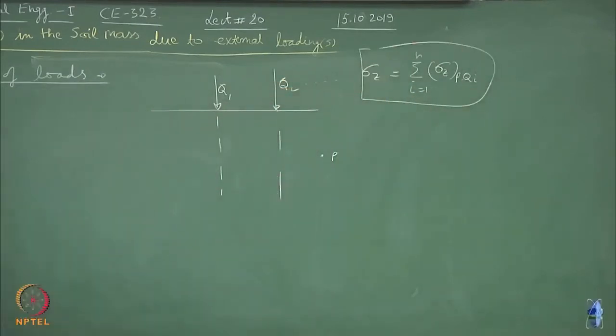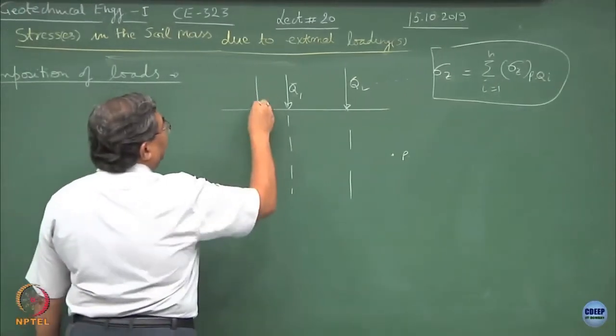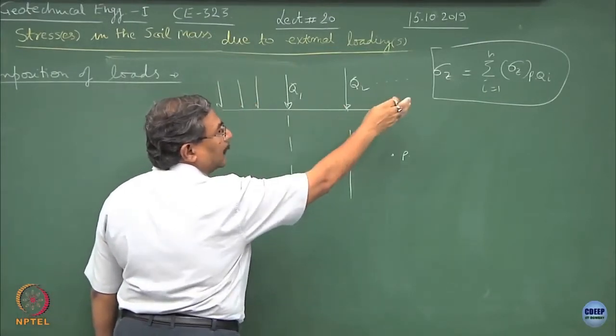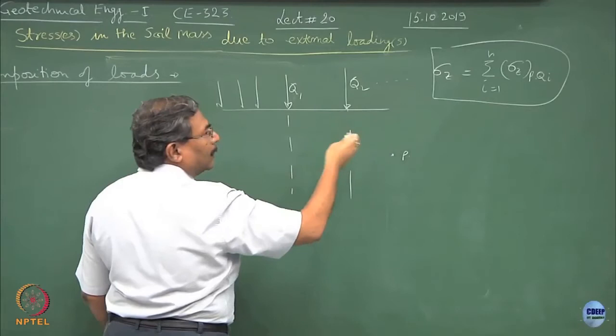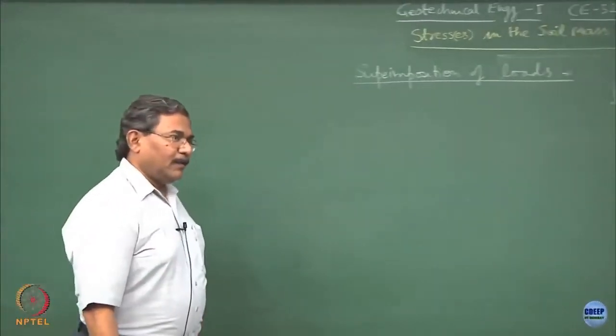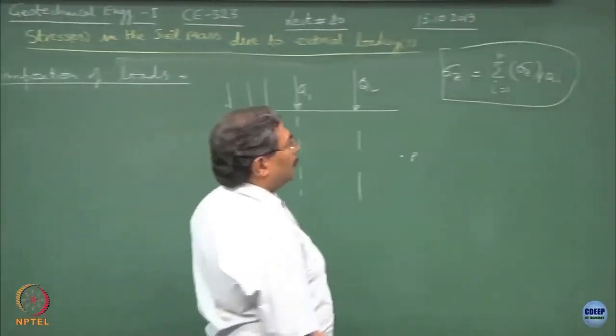Have you understood this? What I have done is that a point load has got converted into a line load. Practically there is no difference from the situation where several Qs are acting all along the line. It could be UDL also. Why not?